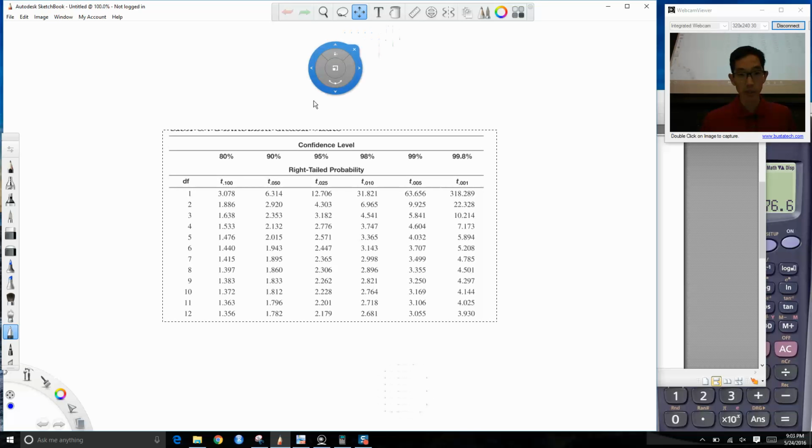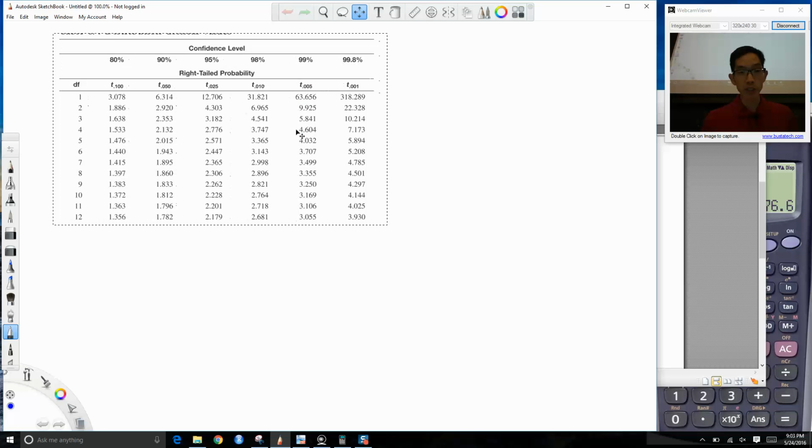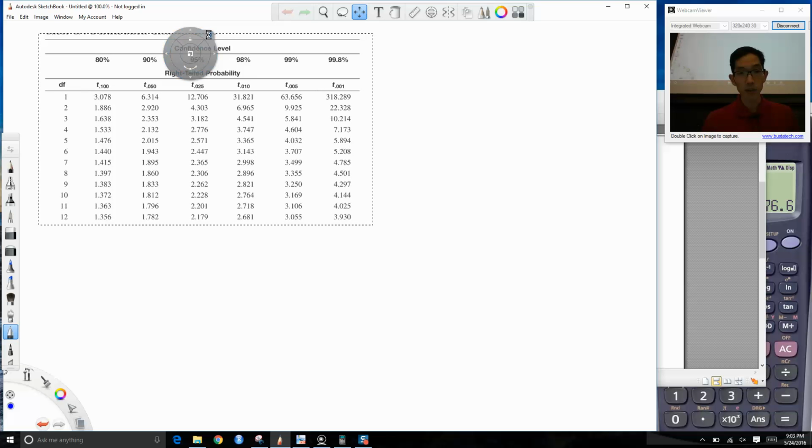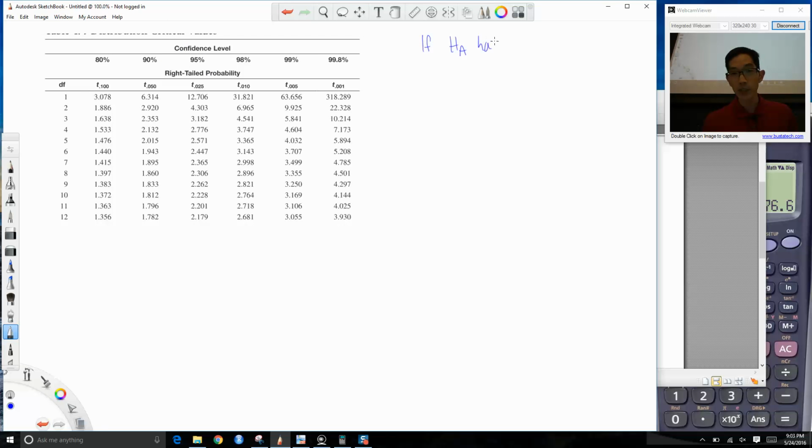Let me list off a few things. If HA has a greater than sign, then t should be positive, and your p-value is equal to the tail area.